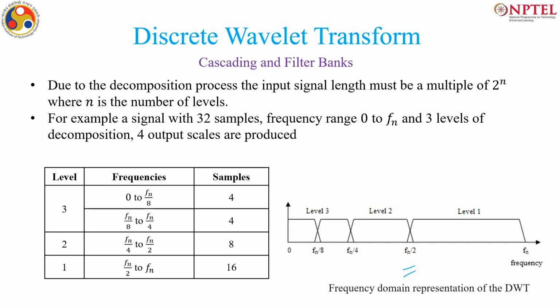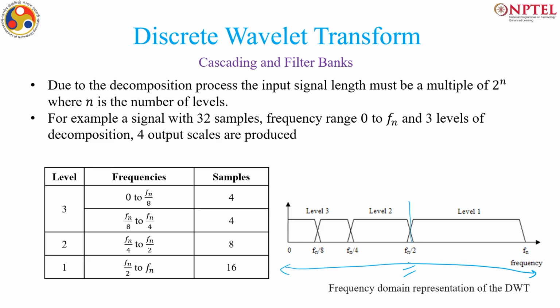Due to this decomposition process, we see that at every stage the frequency content is halved, then at another stage the frequency content is halved. Let us say this is my frequency range in the analog, for example, Fn. So, in the first level I will reduce it to 0 to Fn by 2 and Fn by 2 to Fn. So, it is halved.